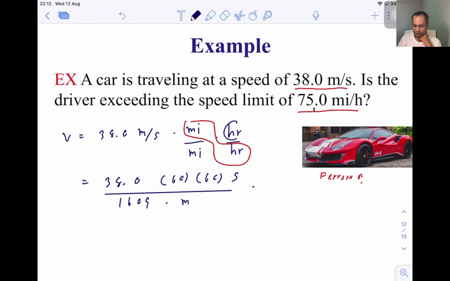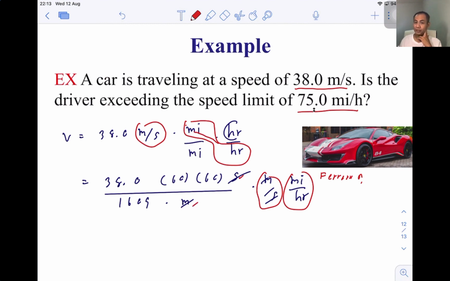We have meter per second, right? Meter cancels with meter, second cancels with second, so we leave mile per hour. I hope you are not confused, because I keep this mile per hour at the beginning, and meter per second is here, and these I got from converting the unit.